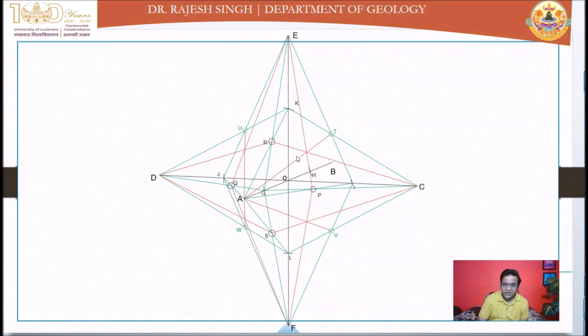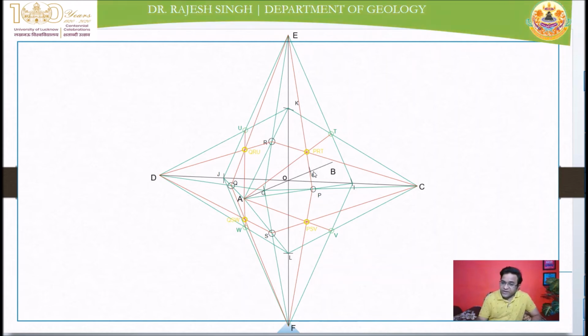So again we get 4 points. All three lines are intersecting at the same place, and we are getting 4 intersection points. Okay, so these points are PRT, QRU, QSW, and PSV.